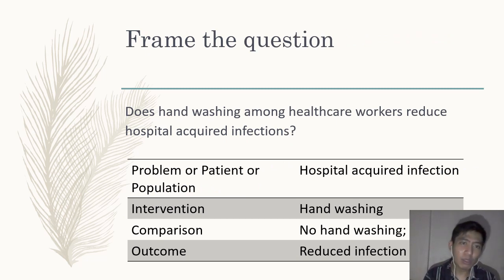As an example, does hand washing among healthcare workers reduce hospital-acquired infections? The problem, or patient or population, is hospital-acquired infection. Our intervention is hand washing, so we will compare it to no hand washing or alcohol-based hand rub, and the outcome is reduced infection rate.